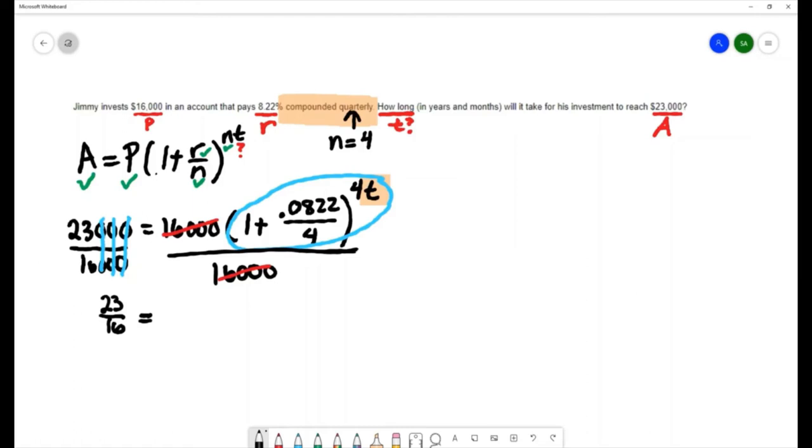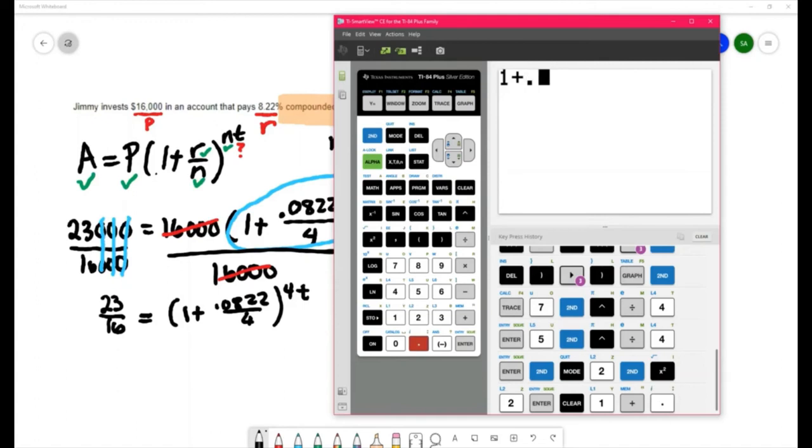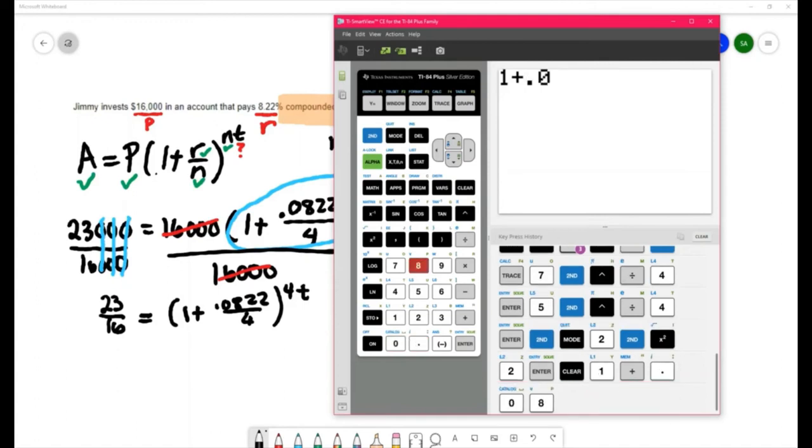Excuse me, I said 1600, but that's actually 16,000. And I'm left on the right with (1 plus 0.0822 over 4) to the 4t. Just so this is a little bit simpler, I'm going to get my calculator and calculate everything in that parenthesis. 1 plus 0.0822 over 4.